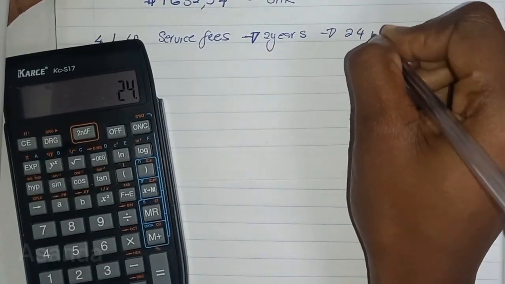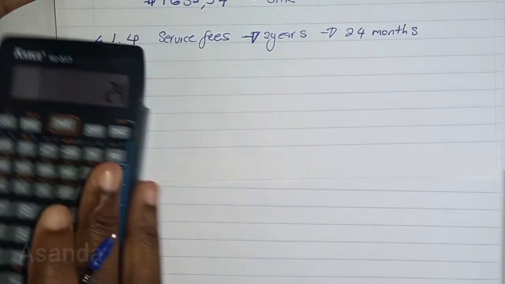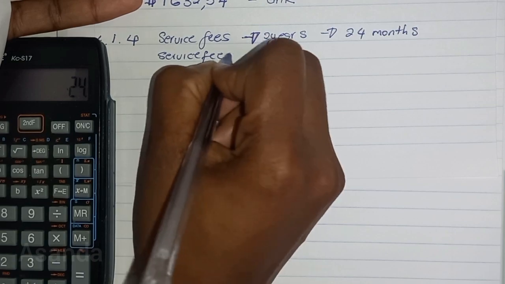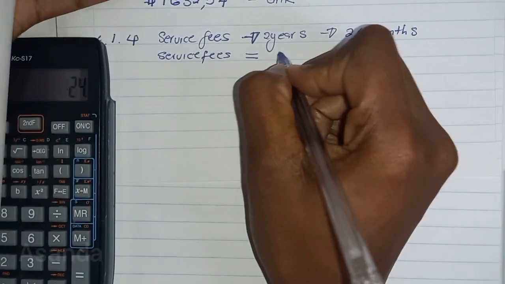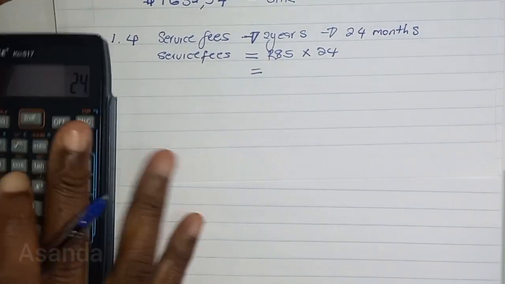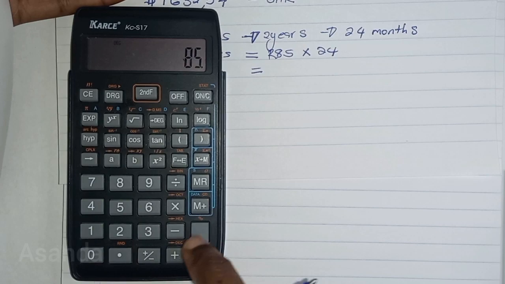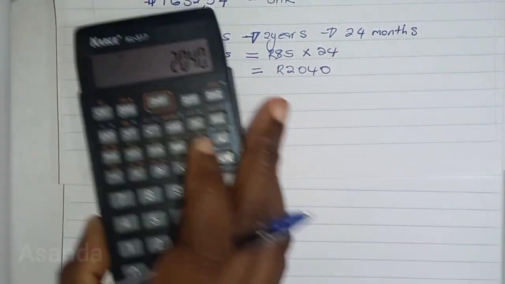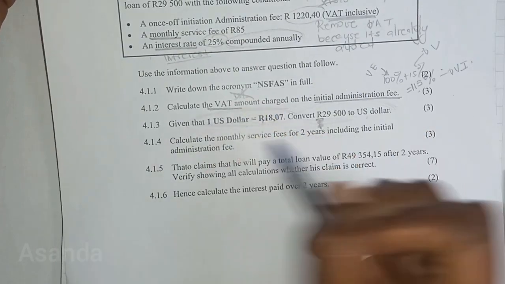So that's 24 months. Great. Now our service fees is 1 month is 85 rands, so 85 rands times 24, I get 2,040.